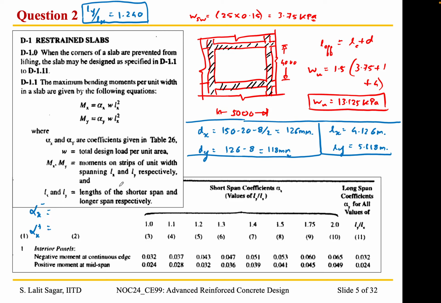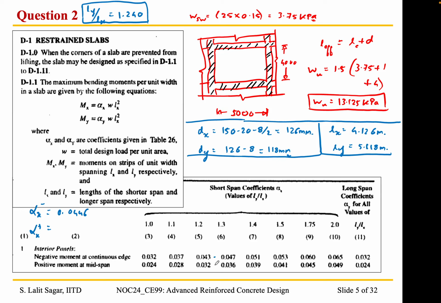I got a value of 0.0446 between 1.2 and 1.3; that is how we need to interpolate.